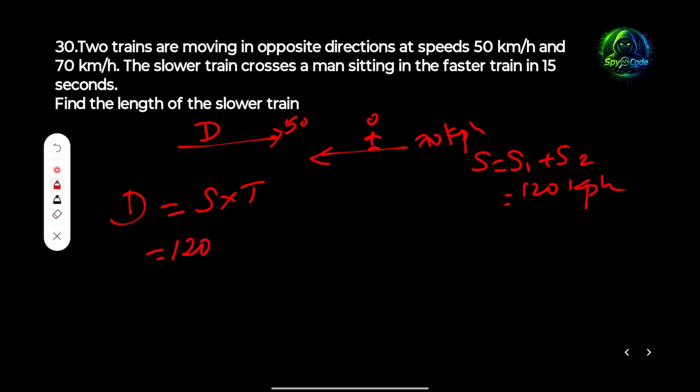The speed is 120 kilometers per hour, converted to meters per second, and the time is 15 seconds. Upon solving this, we get the length of the slow train as 500 meters.